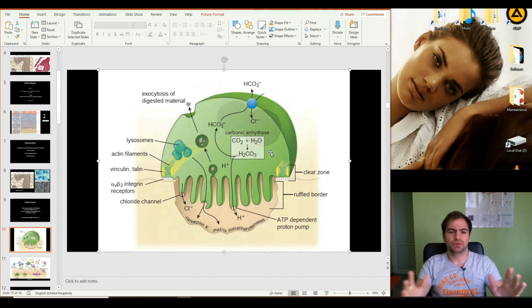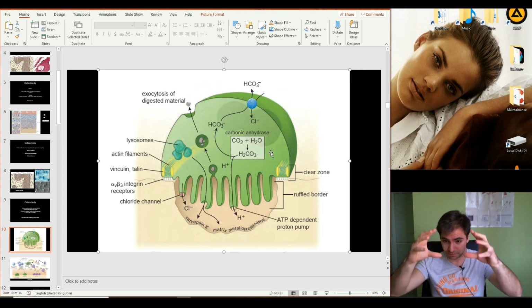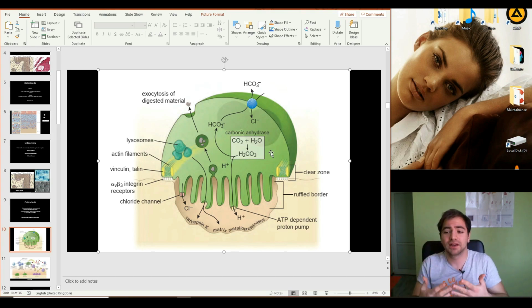Question is, okay, we discussed so far how it binds and attaches on the bone, and how it actually destroys the bone. The question is, how is it formed, and how does this cell have more than one nuclei? Typically, the cells that have more than one nuclei are fused cells.